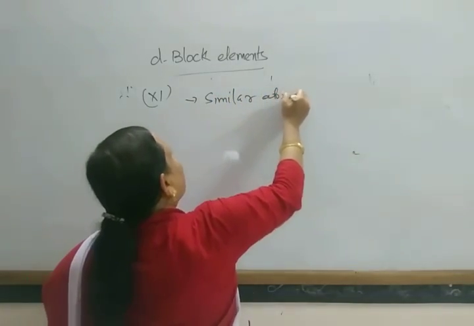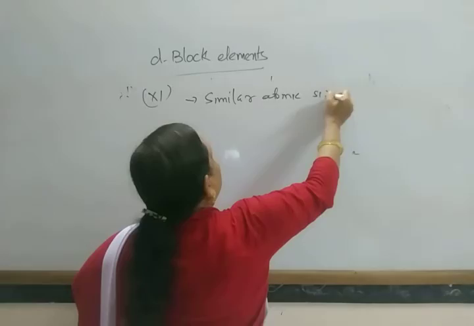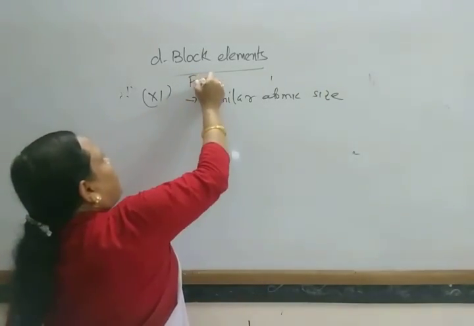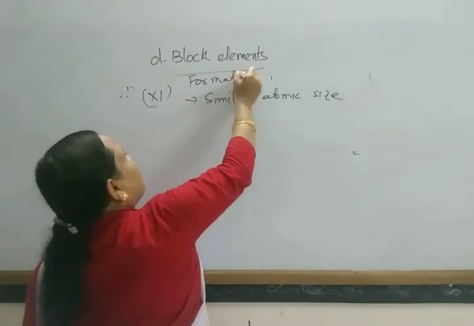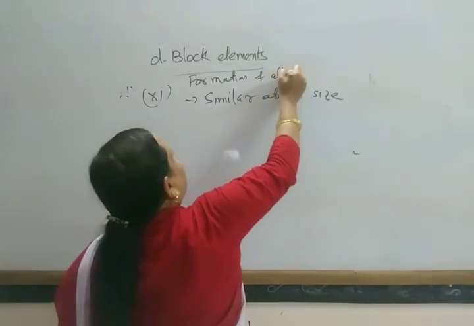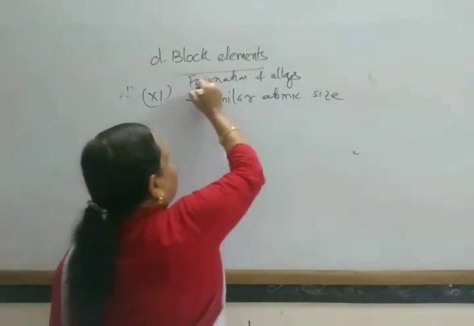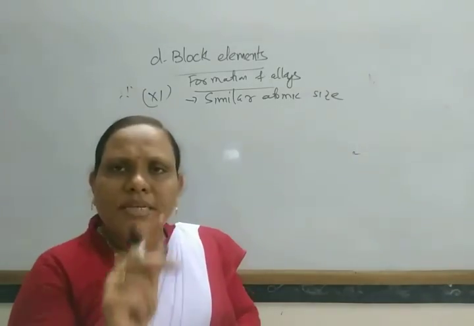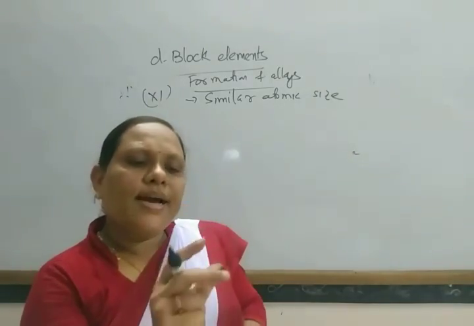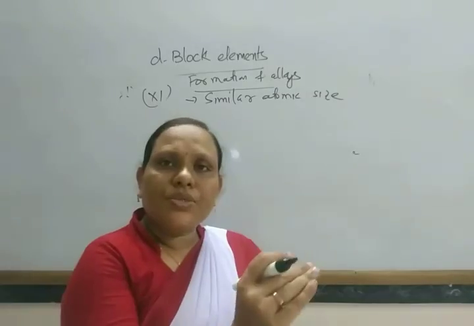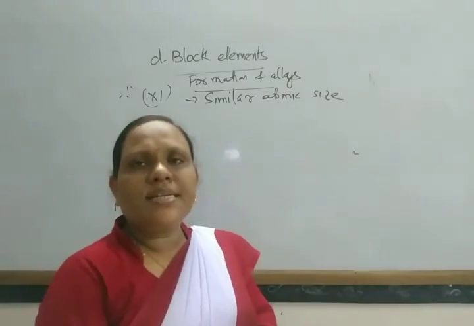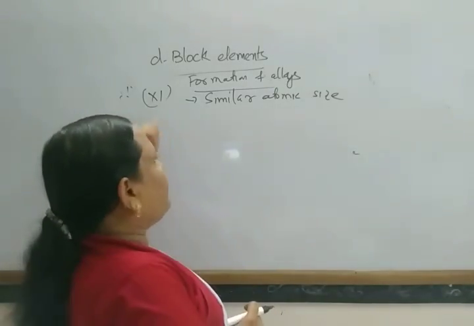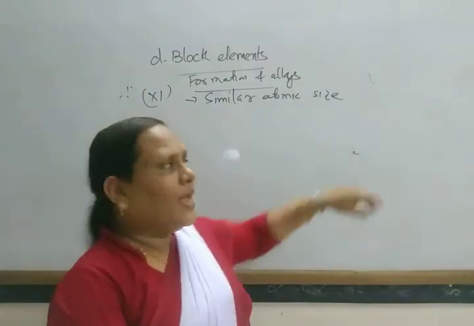So, due to the formation of alloys, as they have similar atomic size, in place of one atom, another atom can substitute from its lattice point. In this way they can form alloys.